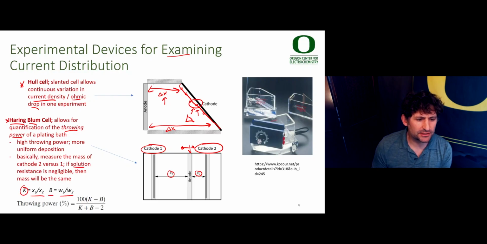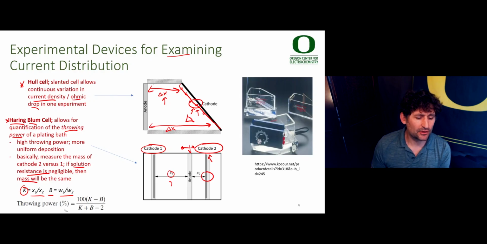If the solution resistance is small, the mass of these two electrodes, cathode 1 and cathode 2, after the electrodeposition will be the same. However, if the electrolyte is resistive, or if that resistance is significant compared to the charge transfer resistance at the electrode surface, then you'll have a non-uniform deposition. One of these cathodes, in this case cathode 2, will weigh more than cathode 1.